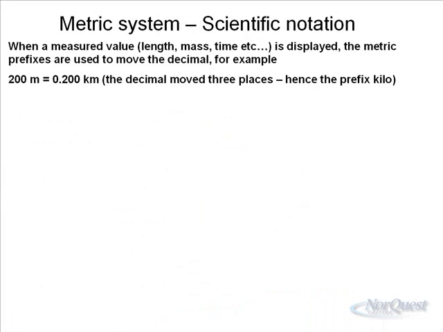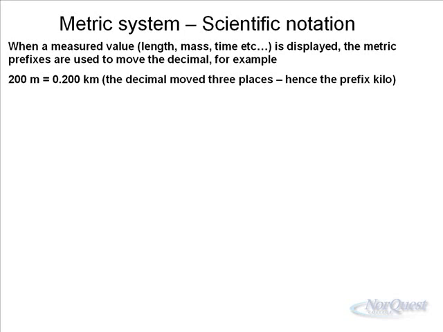So moving on to the next tool that we need, and that's scientific notation. When a measured value, whatever you're measuring, as we discussed on the previous slide, length, mass, time, etc., is displayed, the metric prefixes are used to move the decimal. So 200 meters, we're not using scientific notation there, that's called standard notation.